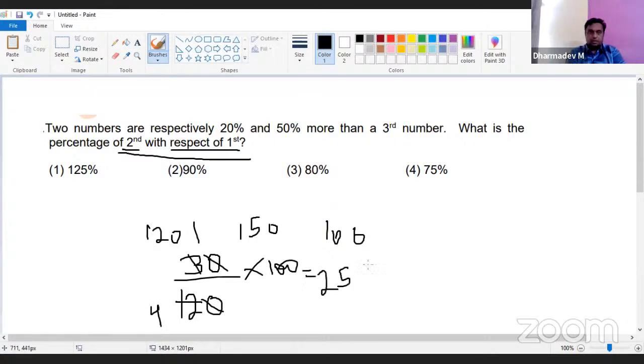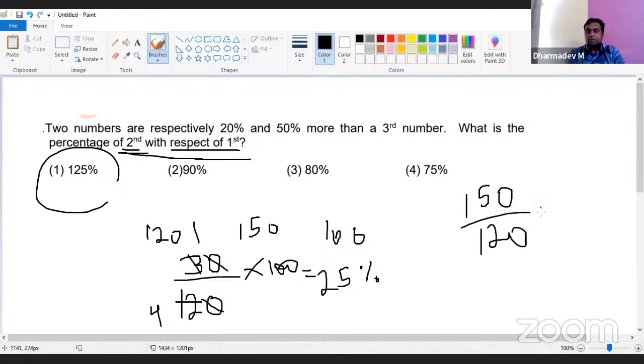Okay. So what is the percentage of increment? It is 125. It is a 25% increment. Are you getting it? Why is the question given like this and the answer is this? What is the percentage of the second one? The second one is 150 with respect to the first one, 120, so divided by 120 times 100.